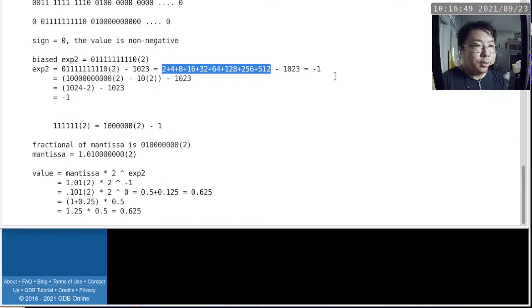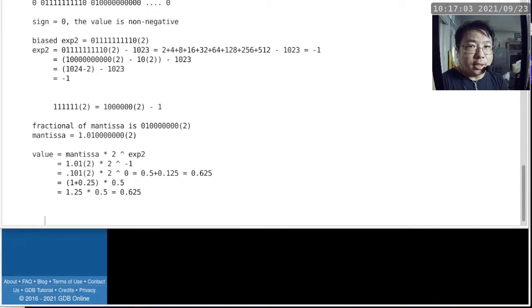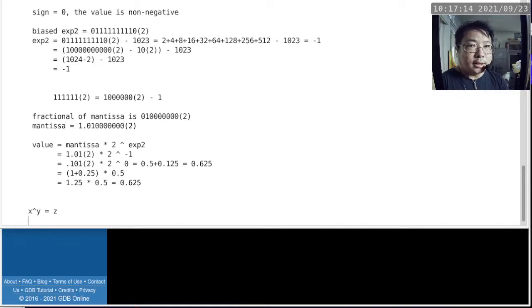All right, so we are going to move on to talk about today's lab a little bit. Today's lab has a few math concepts you probably want to keep in mind. If you have 2 to the power of y equals z, then you can take the log of both sides.